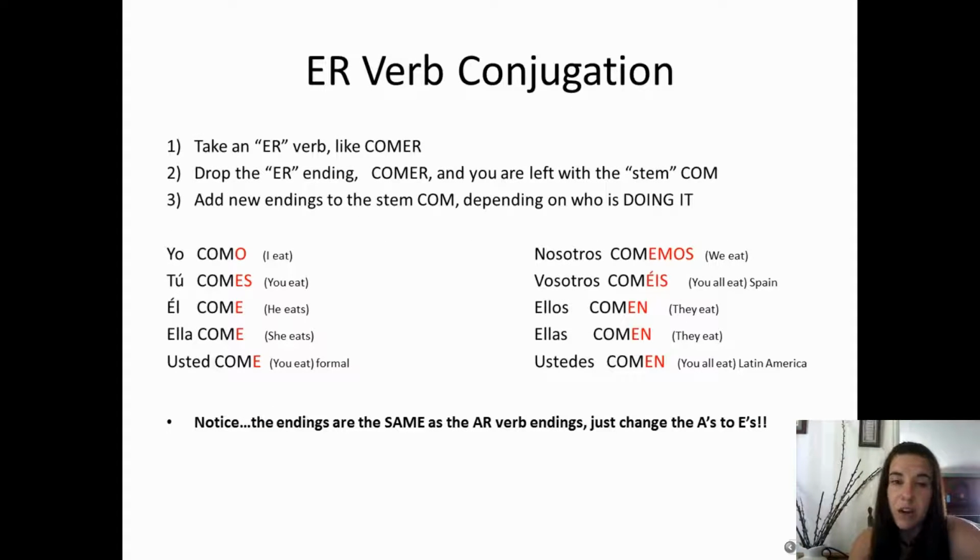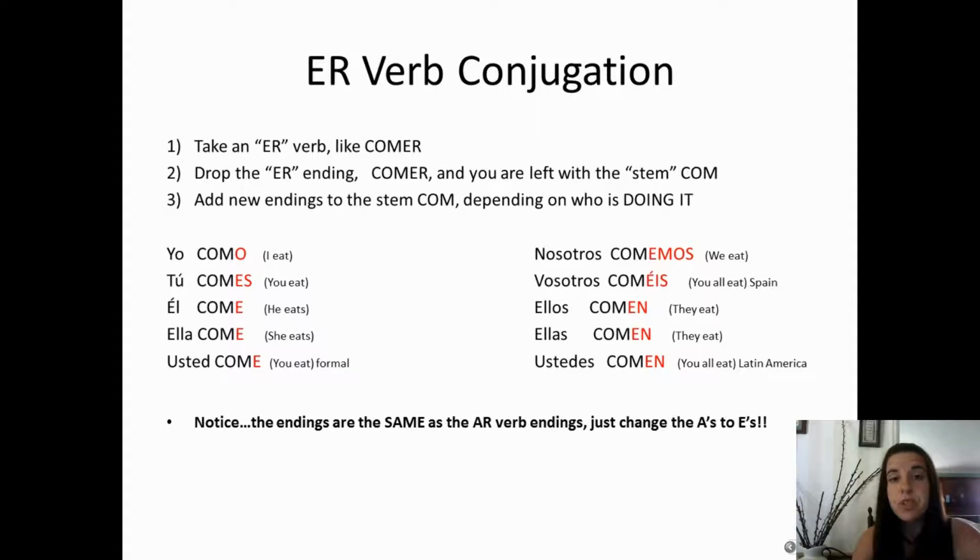You take an ER verb, like comer, you drop the ER ending, so you're left with the stem, or the root of the verb. In this case, it's com, because we've taken off the ER. And then you add the new endings, depending on who's doing it. So for yo, you add an O. Yo como, I eat.